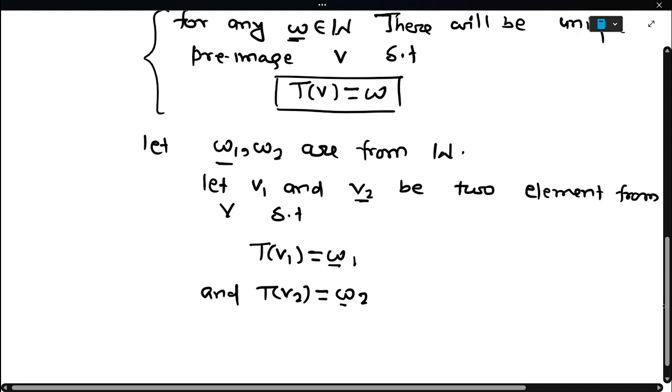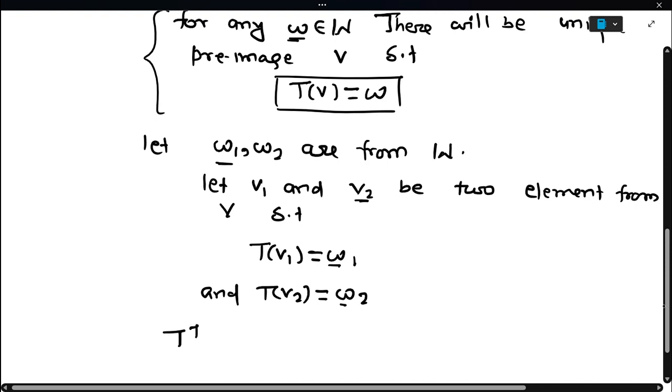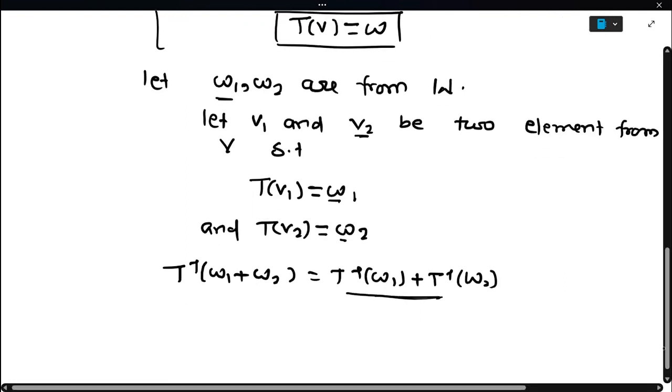So what we need to show here is T inverse of W1 plus W2 equal to T inverse of W1 plus T inverse of W2. Now take the RHS.